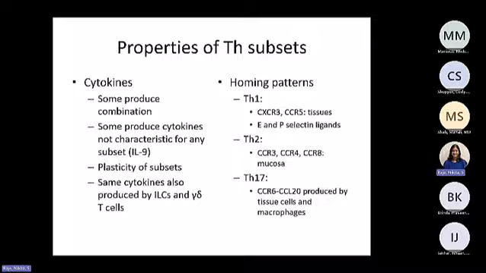Th2 subsets can express CCR3, CCR4, CCR8, which helps them to home to the mucosal layers. And then Th17 can express CCR6. The CCL20 that's produced by tissue cells and macrophages attracts the cells, because they express CCR6.